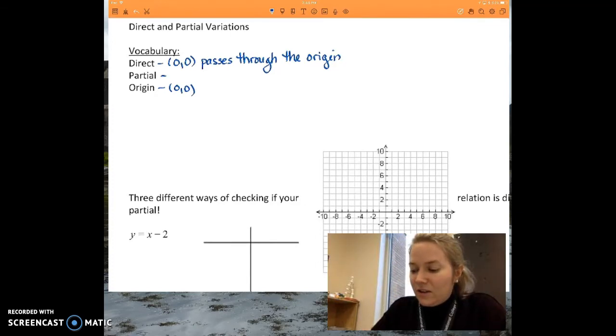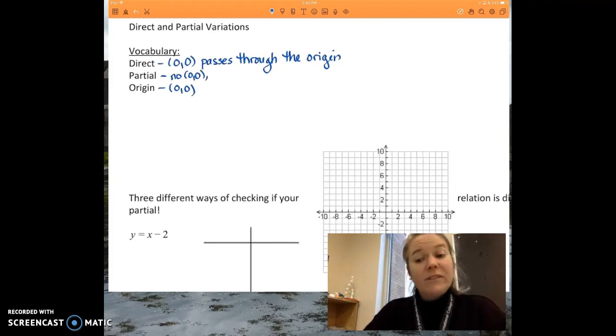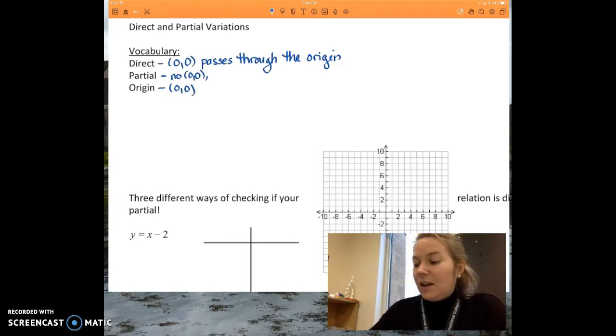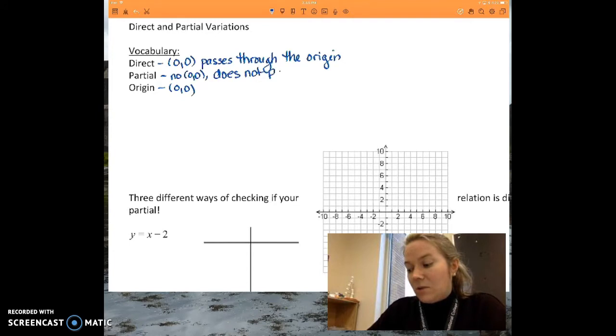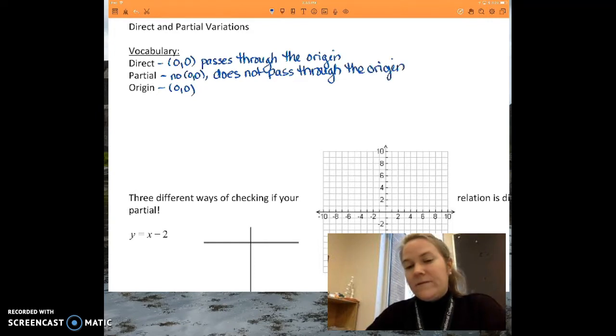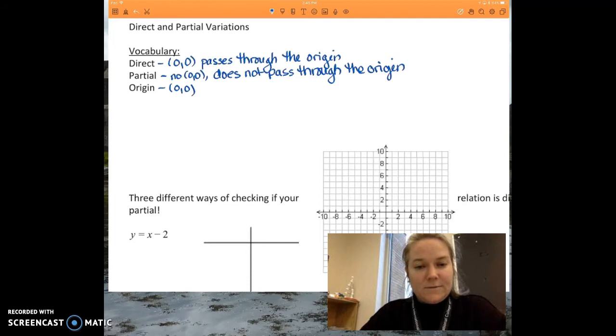A partial variation does not have a point 0, 0, ever. It does not pass through the origin.